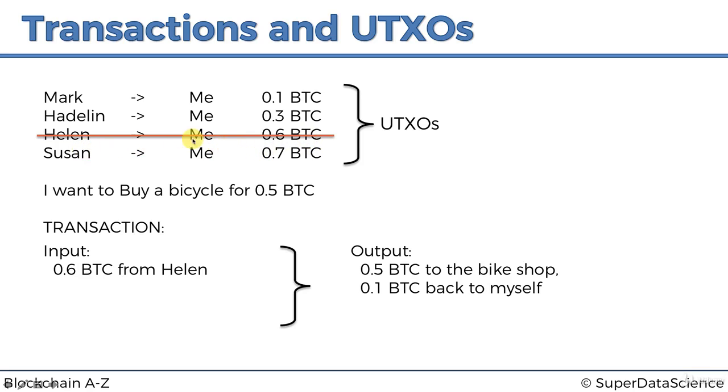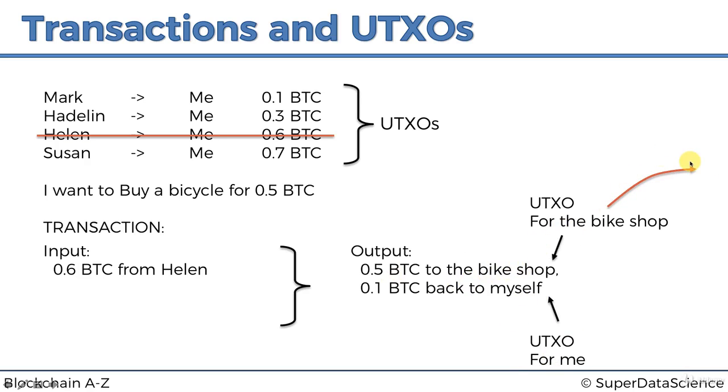It's no longer a UTXO. It's not an unspent transaction output because it's done. This transaction fed the transaction we're building here. And now we have two new UTXOs. This is a UTXO for the bike shop, and that's a UTXO for me. That amount is going to go into the UTXOs for the bike shop.